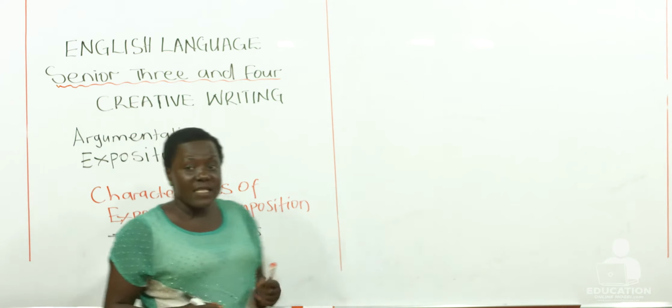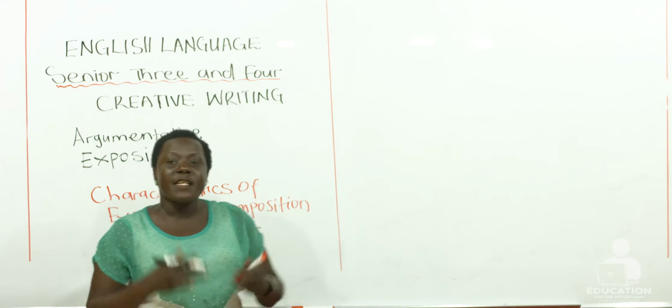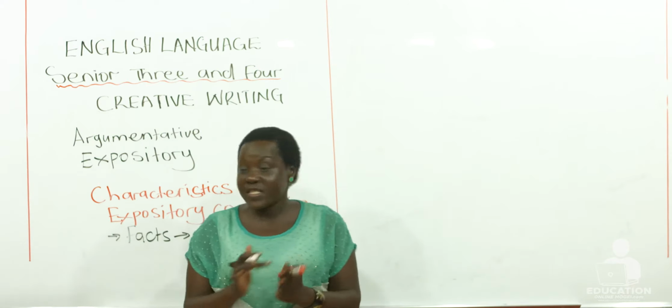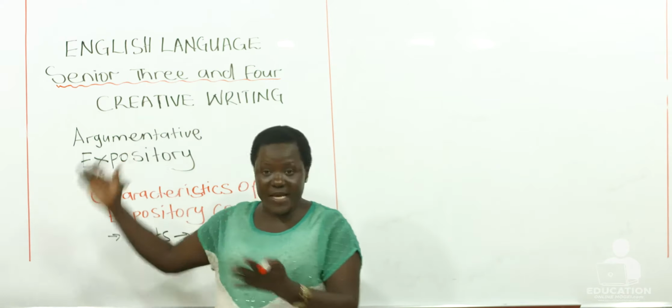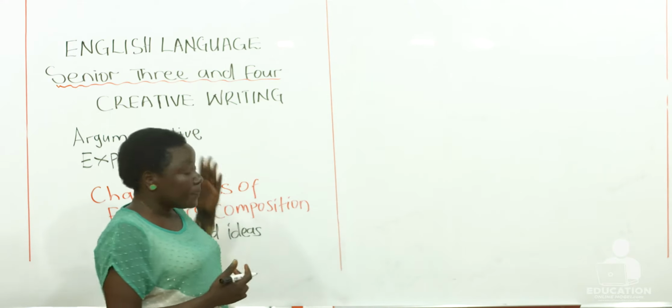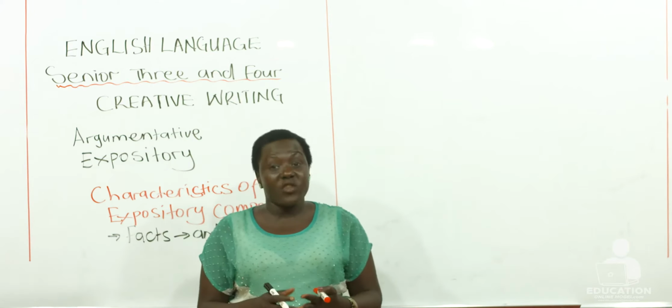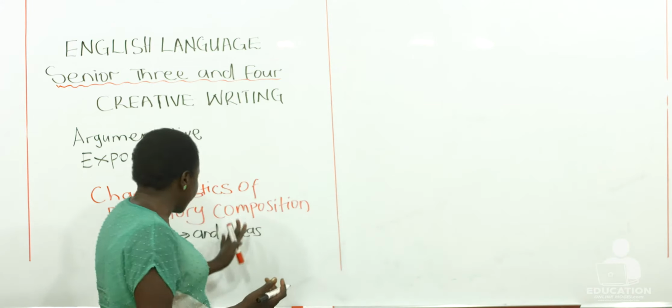Apart from facts and ideas, we have what we call discursive mode. Do you see now how it is related to argumentative? You have to discuss. Here you don't narrate the story, but you discuss facts about a given topic.